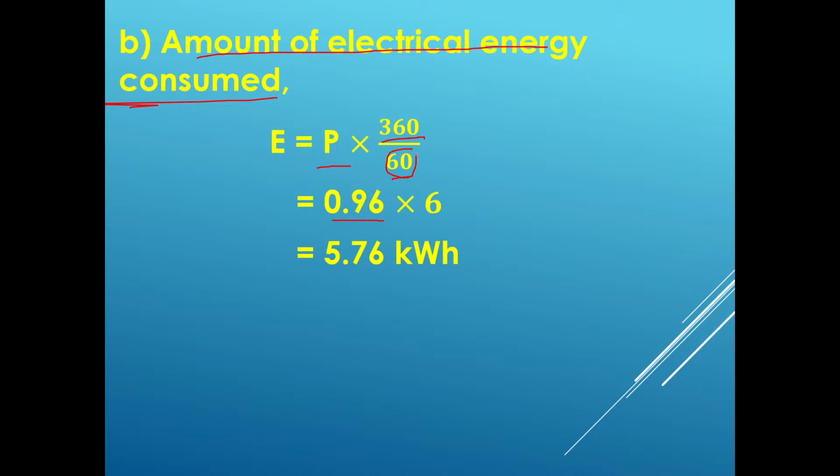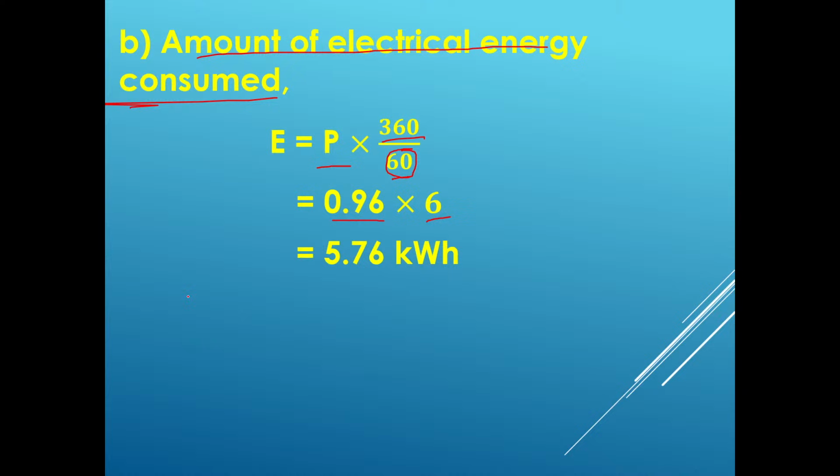It is 1 hour. So for one revolution 360, and in 1 hour how many minutes are there? 60 minutes are there. So 360 by 60, you just divide and you will get 6. So we are simply converting minutes into hours.